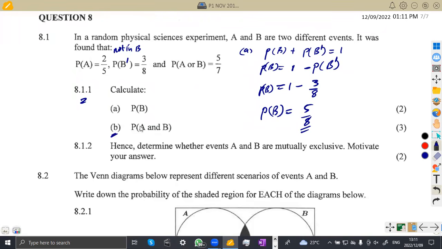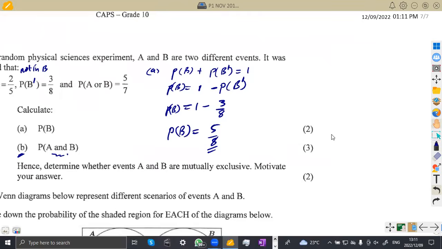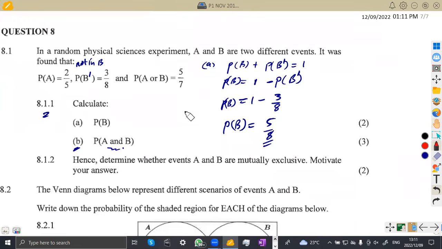The B part is the probability of A and B. Take note from the laws of probability there, we have the probability of A or B here. Let's recall where this formula was taken from.